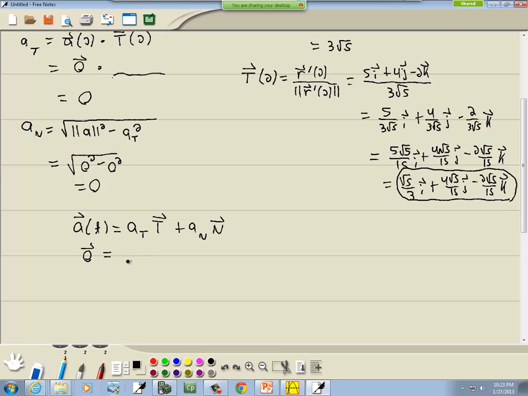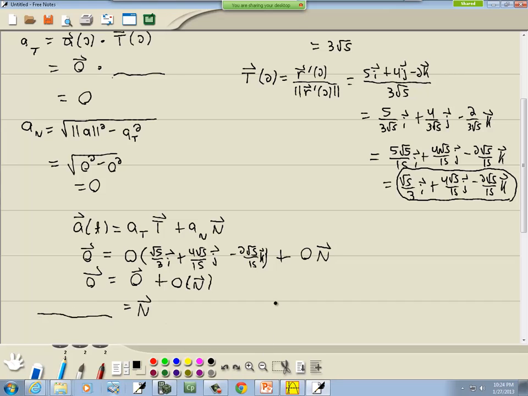And this right here was 0 times T, which is all of this, square root of 5 over 3 i plus 4 square root of 5 over 15 j minus 2 square root of 5 over 15 k, like that, plus, and then this was 0 times N. Now, if this didn't come out so flaky, 0 times this gives us a 0 vector, plus 0 times N. Then we would solve this, get N by itself, and that would allow us to find it without going through all that work.